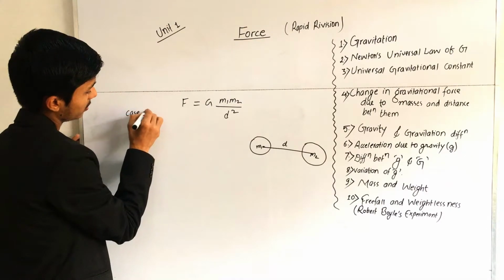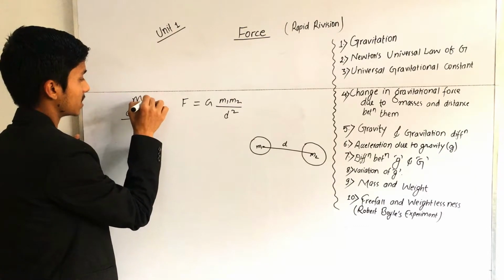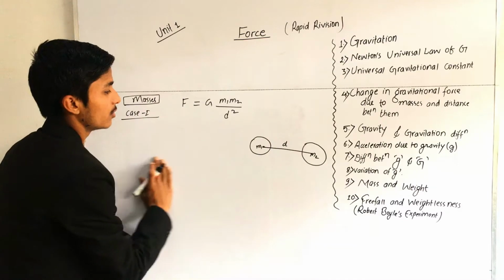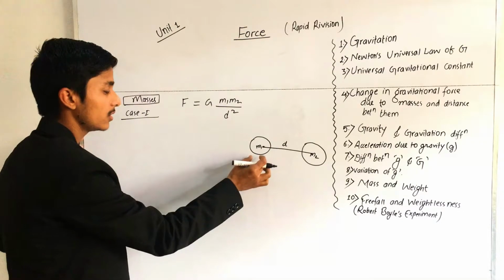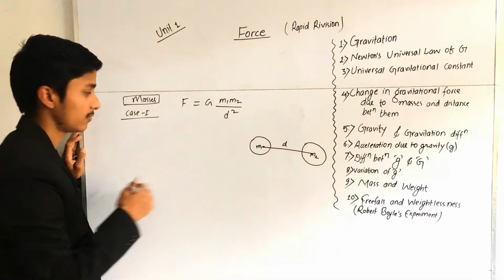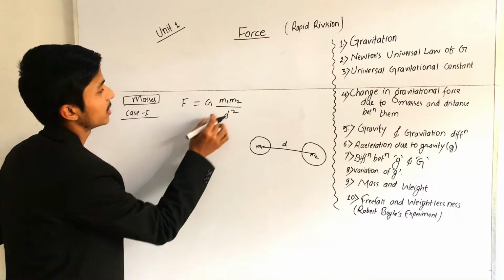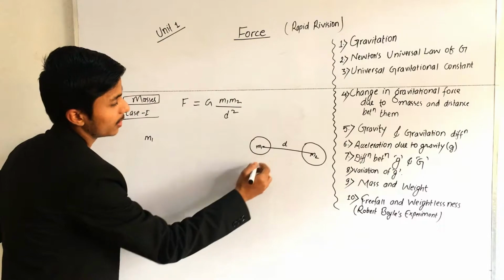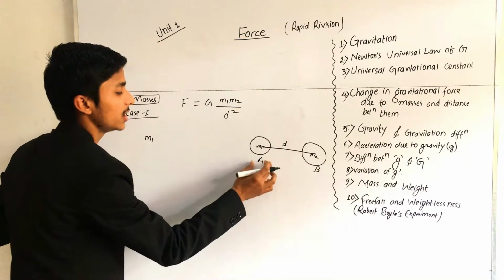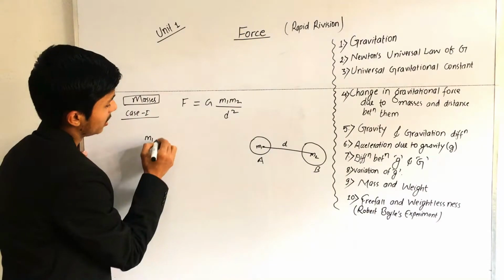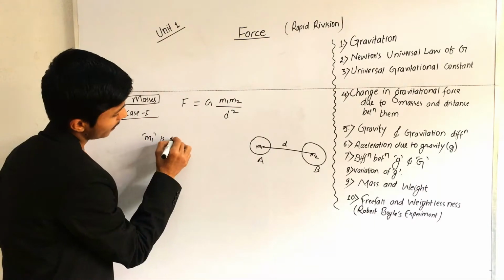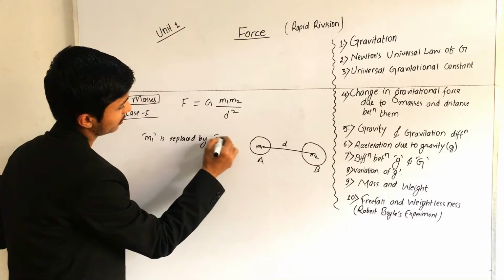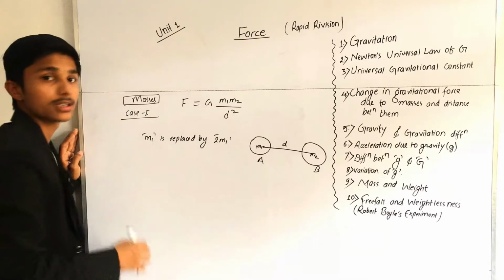Case 1. This is for masses, when variation in mass takes place. When the mass of one body is doubled, suppose the mass of body A is doubled, then m1 is replaced by 2m1, because the mass is doubled.